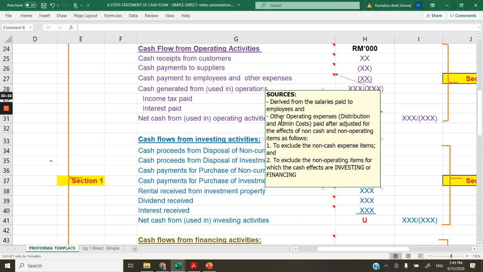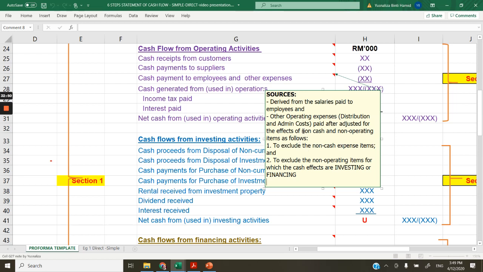Operating expenses are distribution and admin expenses that you paid. You credit your bank account, but you need to go and adjust, because in the statement of profit or loss, where these are being presented, the expenses may have also included non-cash and non-operating items. So you need to make adjustment for these non-cash items and non-operating items.